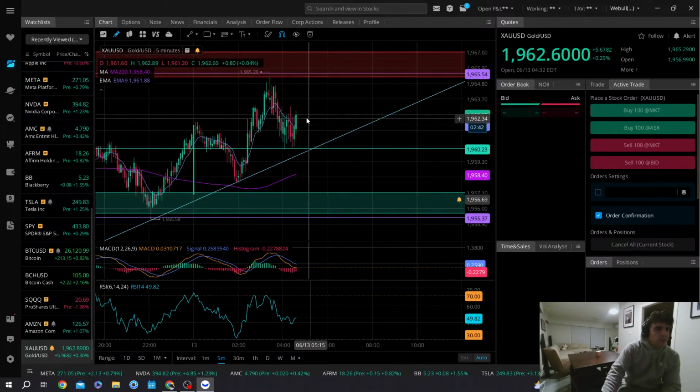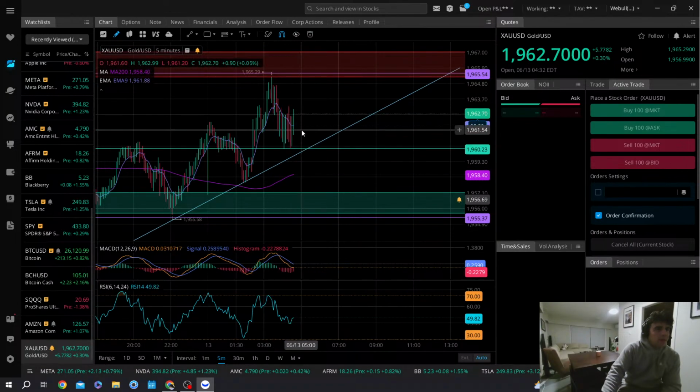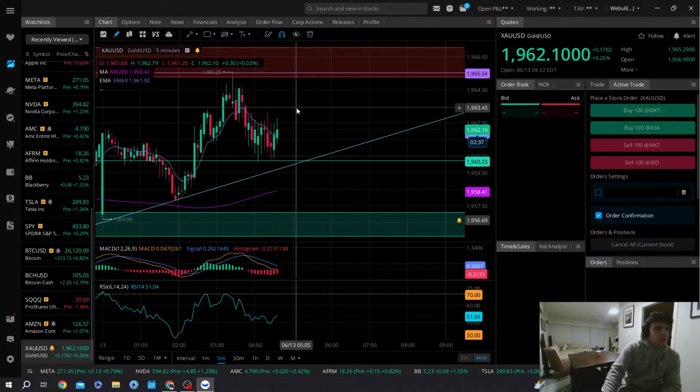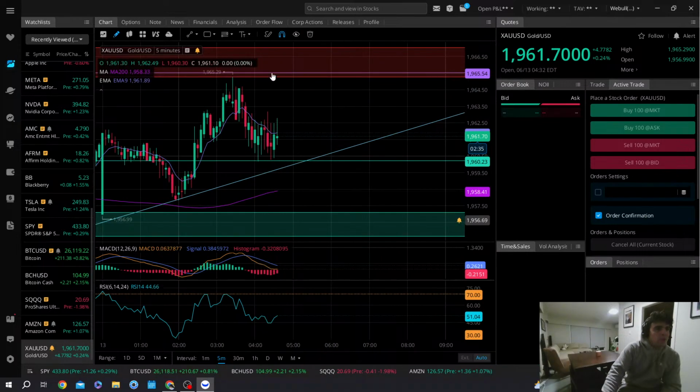Yep, so it's found support around that 30-minute, and now it's pushing up. We could either go for a double top.